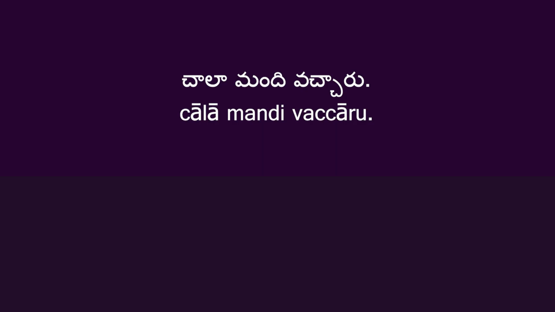In this sentence, మా అన్నయ్య పెళ్ళికి appears at the beginning. This part establishes the topic of the sentence, that is, what the speaker is talking about. Once the topic is introduced, the rest of the sentence provides new information, namely, చాలా మంది వచ్చారు, which means many people came. Thus, the first element of the sentence is not placed there randomly.